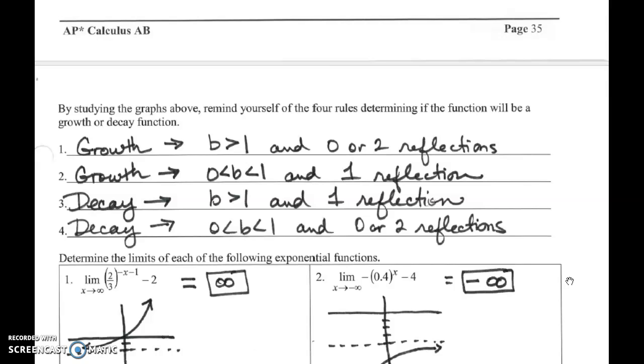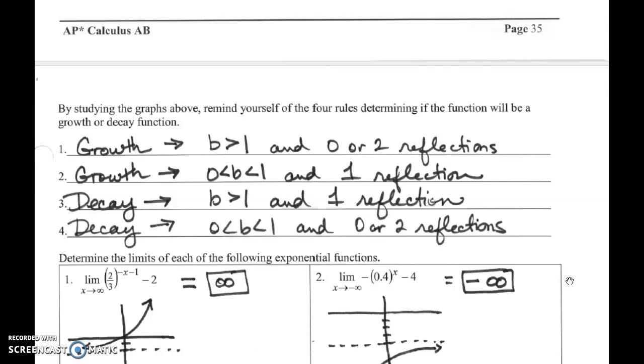Either the base is larger than 1, or the base is larger than 1 with 2 reflections, or the base is smaller than 1 with exactly 1 reflection. Now that 1 reflection could be the negative in front, or it could be the negative at the end. And you'll see me when I do these problems, I'm actually going to graph them out. I need to visually see it to get the correct answer.